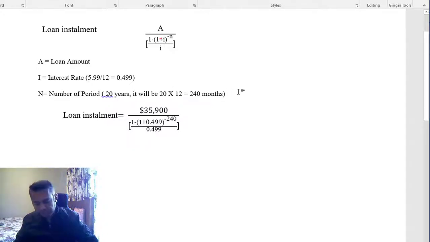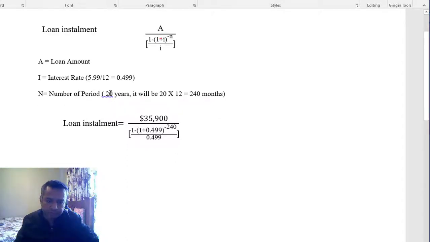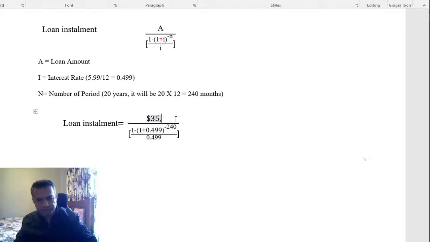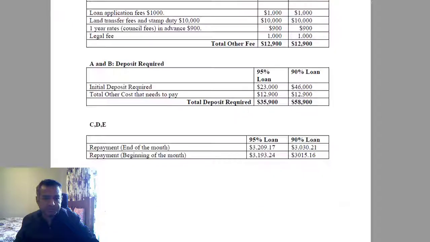So if you solve this formula and insert all these numbers, you will find, I need to change this one. So if you go back to the calculation.